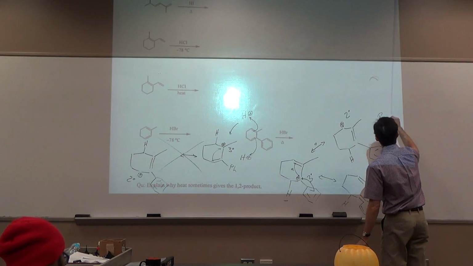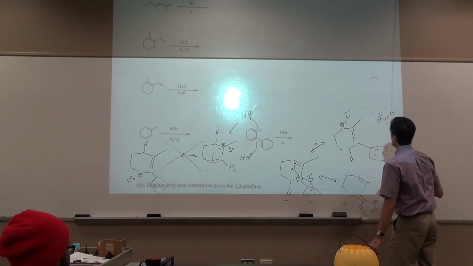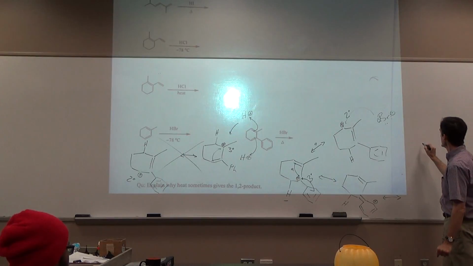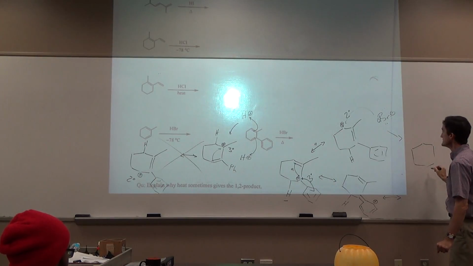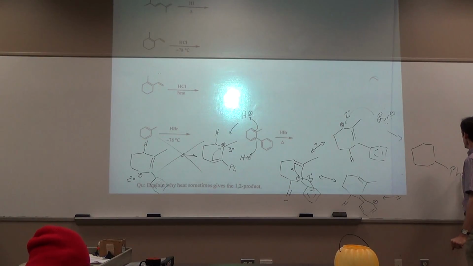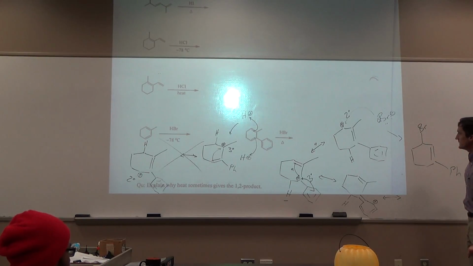Tetra-substituted. So the bromine adds here. And our final product is, I'll just draw that as phenyl. Boom. Bromine here. There's a new H here. Since the H is here and the bromine is 2, 3, 4 here, it is a 1,4 addition. And don't forget the methyl.